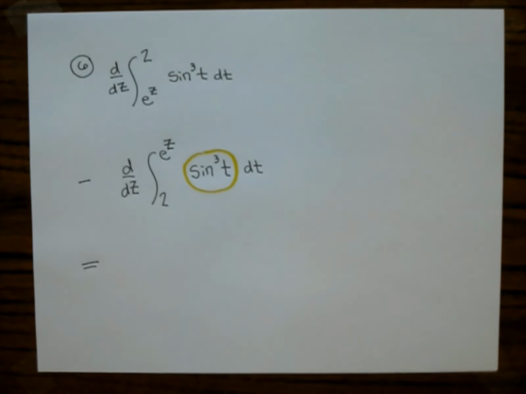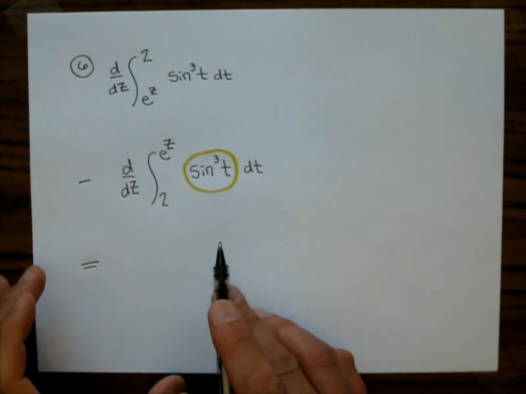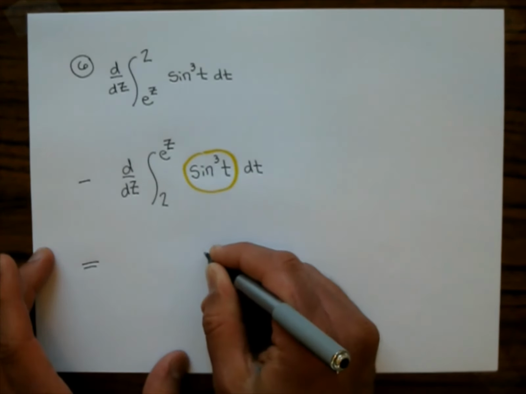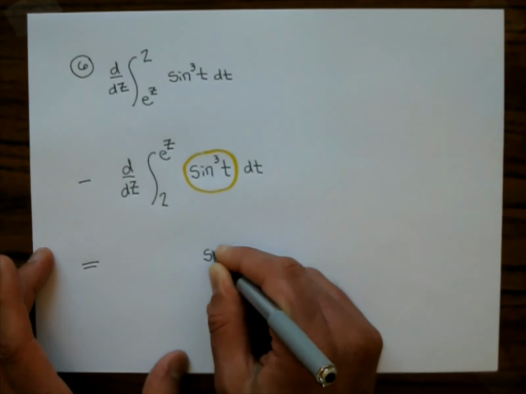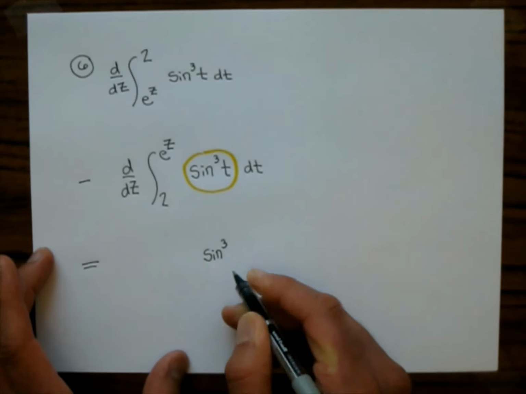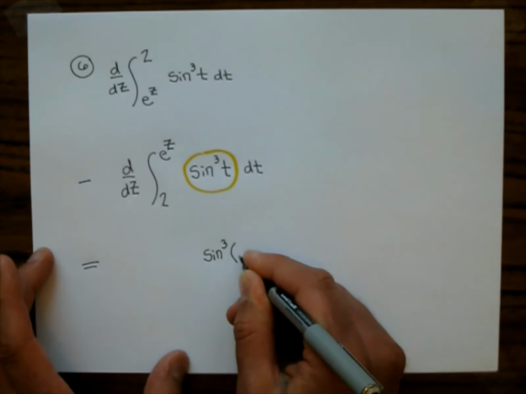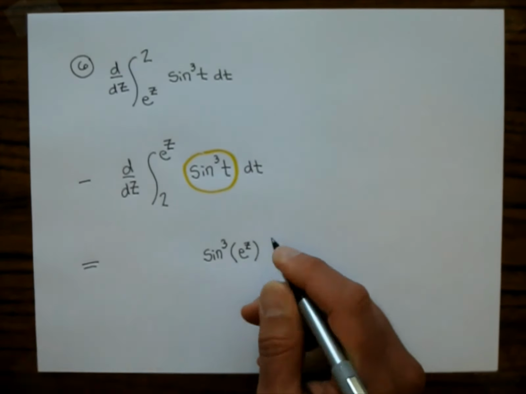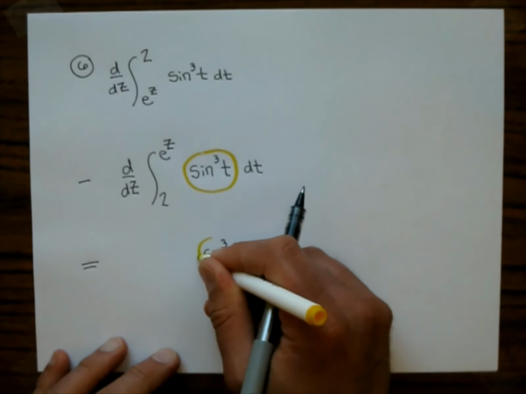And what I'm going to do on this is I'm changing to the variable z. So this is going to be sine cubed. And instead of putting a z there, I'm going to write e to the z. Okay, so that's the yellow part.